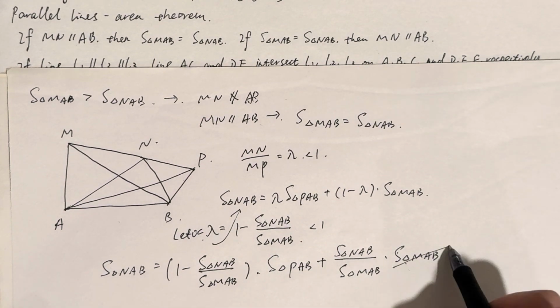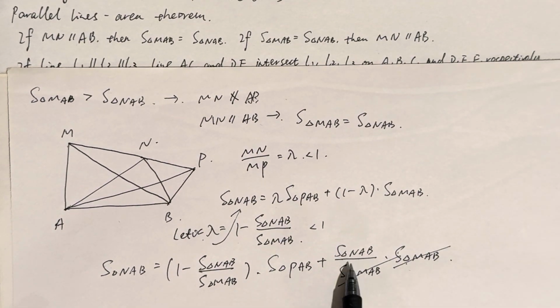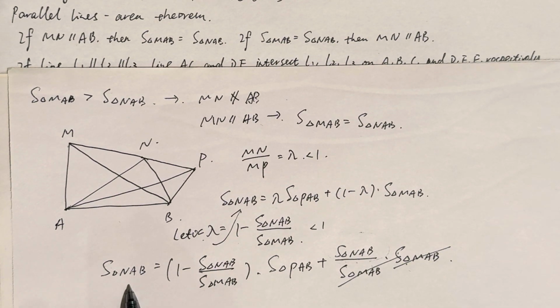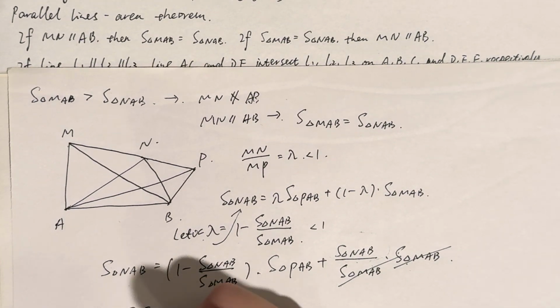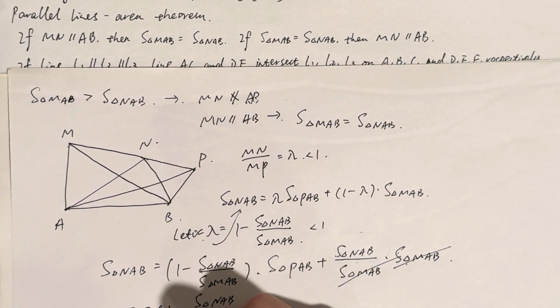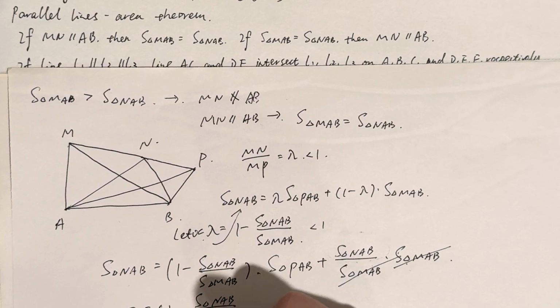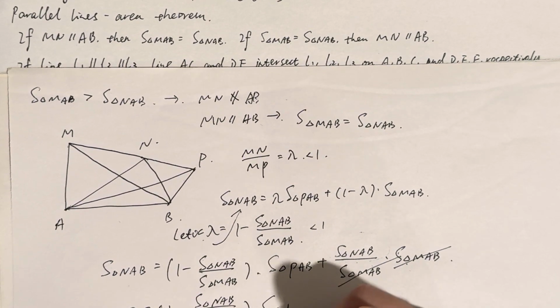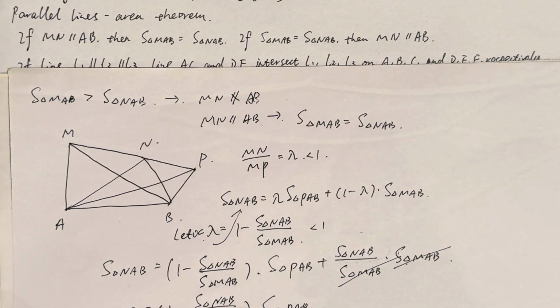And from here, these two cancel. We have the area of triangle NAB here and the area of triangle NAB here, which means 0 equals 1 minus NAB to MAB times PAB, right?